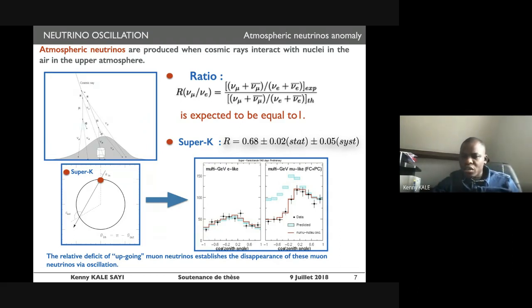And in that case too, when they compared the prediction and the experiments, you can see in the plot on the right that the prediction in green is always higher than the measurement. And when they measured all the neutrinos at the same time, the prediction matched the experiment, simply because neutrinos oscillate. So it is now established that neutrinos oscillate.